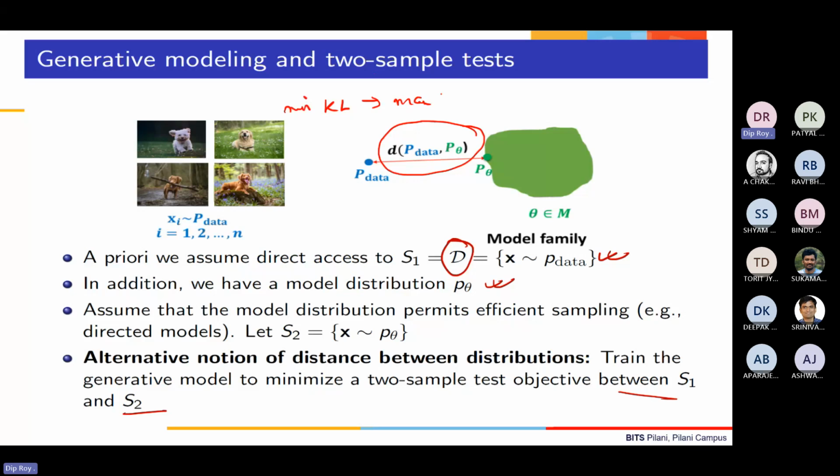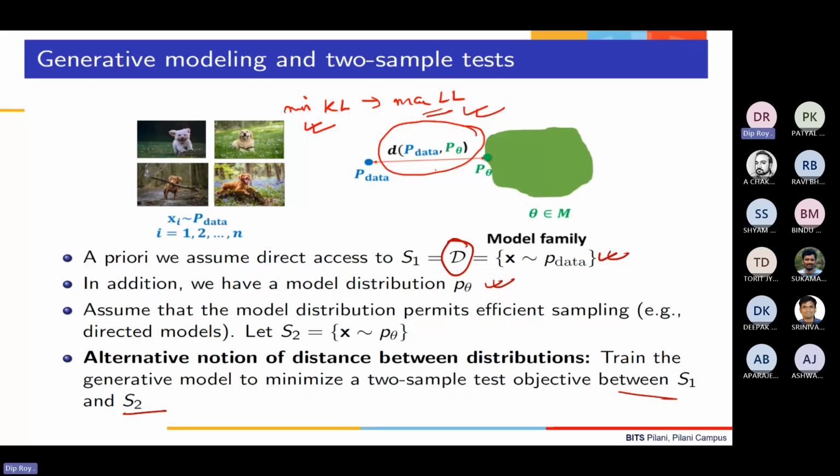That is the reason why we were always interested in the log likelihood, to essentially minimize the KL. Now here we are not even accessing this log likelihood, and there is no question of minimizing the KL.